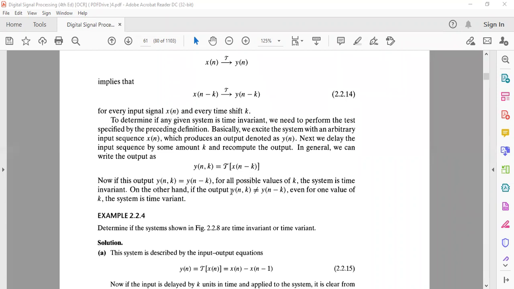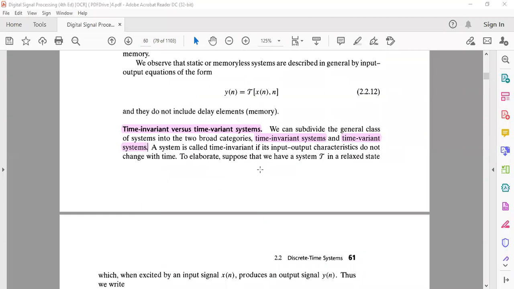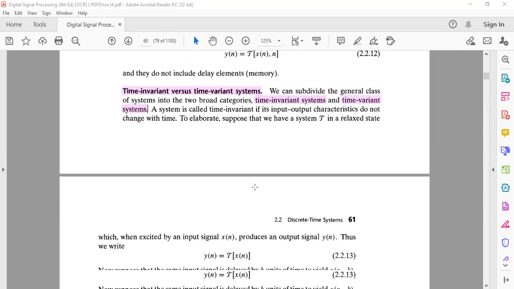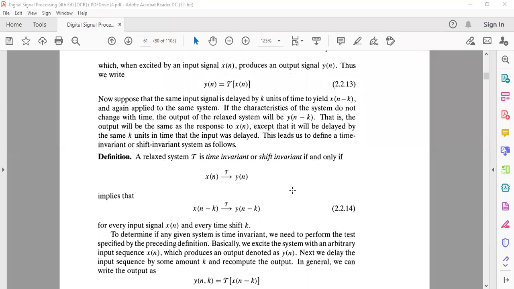If, on the other hand, the output is not equal to this, meaning if the shift does not appear in the output, even for one value of k, then the system is said to be time variant. We're saying that a system is said to be time invariant if a time shift in the input appears in the output also.